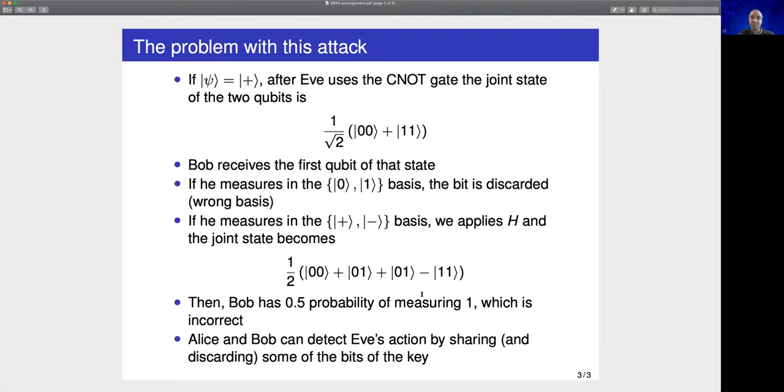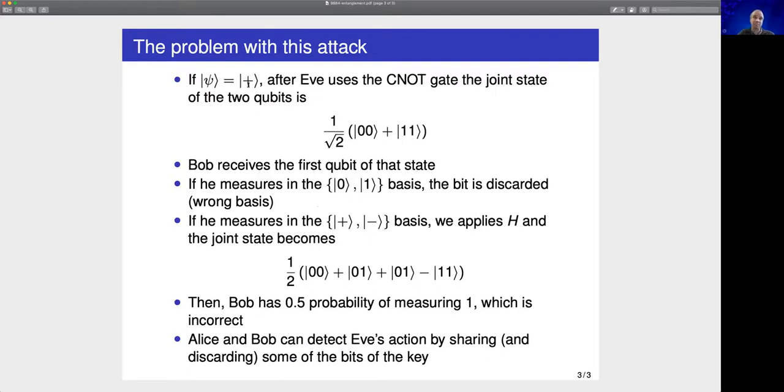And if Alice and Bob share some of the bits in the key to check whether everything is going correctly, they will notice that there is some interaction with their qubits, probably because of an external agent. Okay, so this is why this protocol does not work.